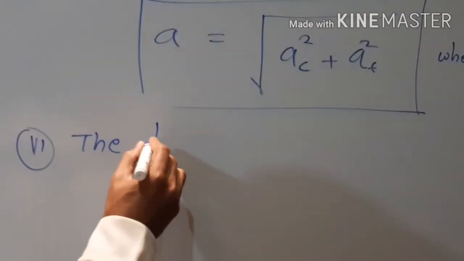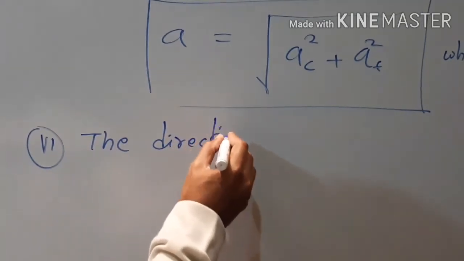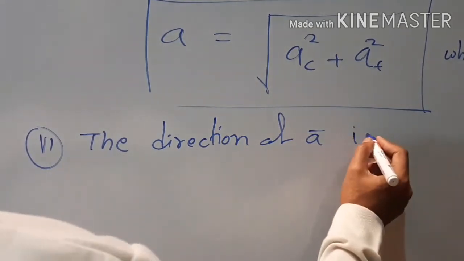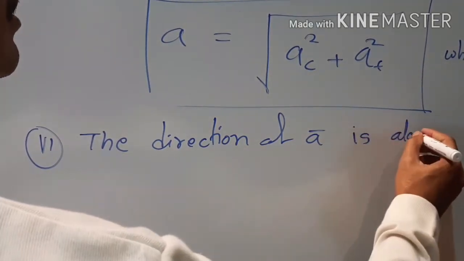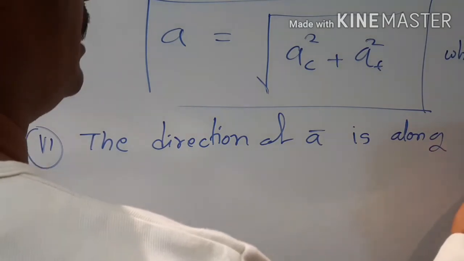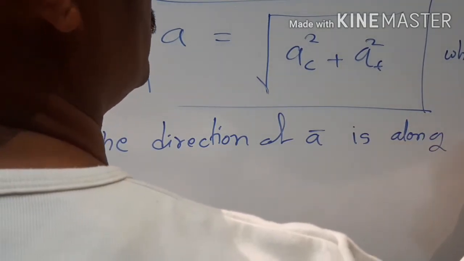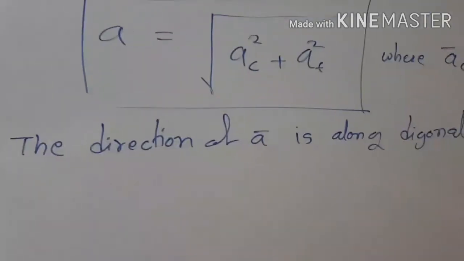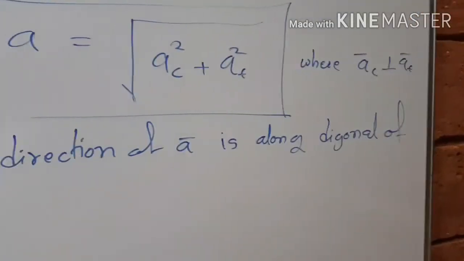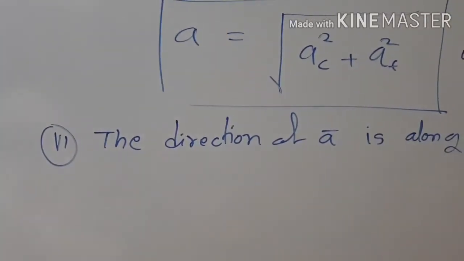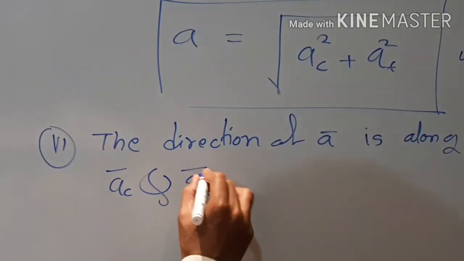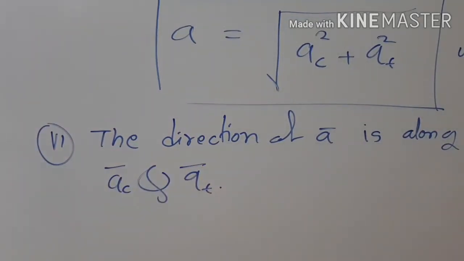Now, our sixth point is the direction. The direction of A bar is along the diagonal of AC bar and AT bar, and it is shown in this figure.